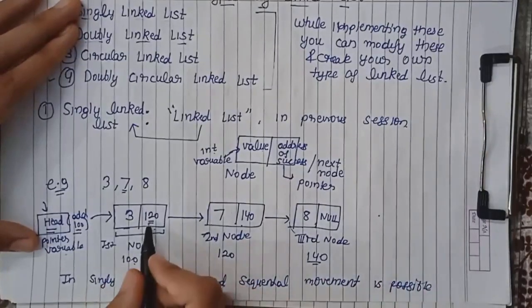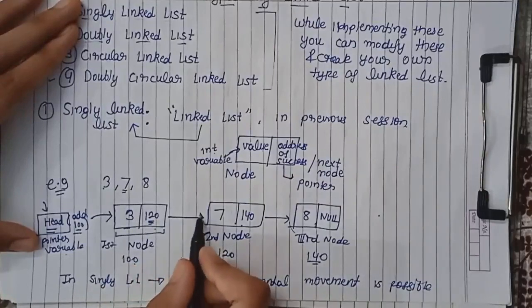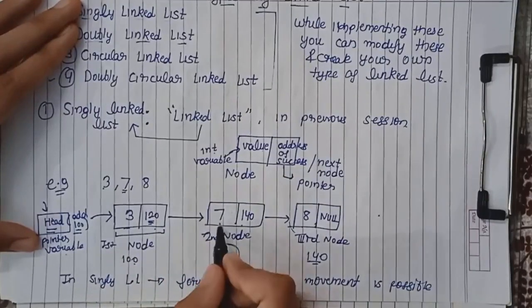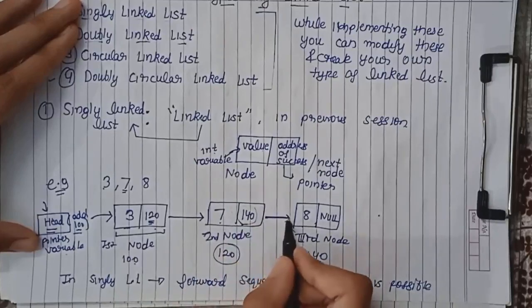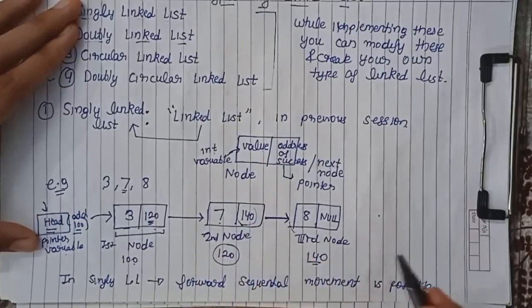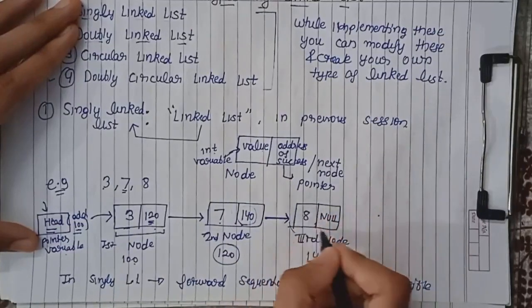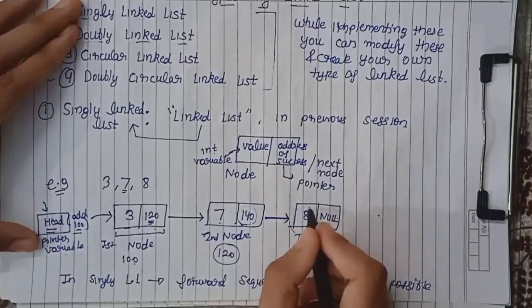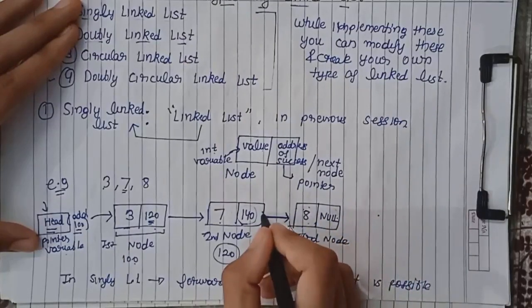Because you can see that here we have the address 120, so I can go in the forward direction. Now here when I reach here I have the address 140, so I can go in this forward direction. But now let's say if you are at this position, then from this position you can't go here, because here you don't have the address of this.